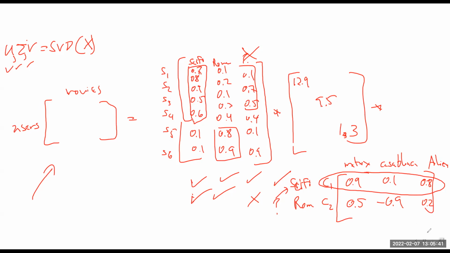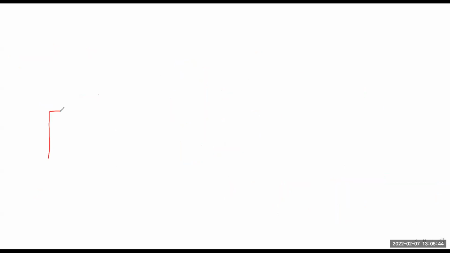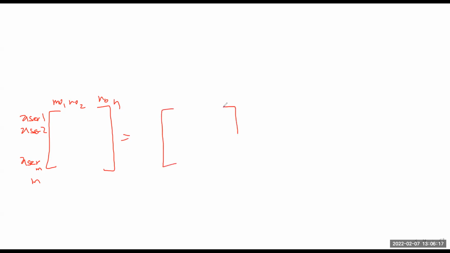So in summary, going back to the theorem, you have some data that you got. It is M by N, where these are the users, user 1 all the way to user M, and here you have the movies, movie 1, 2, all the way to movie N. A matrix of this shape will be decomposed into 3.